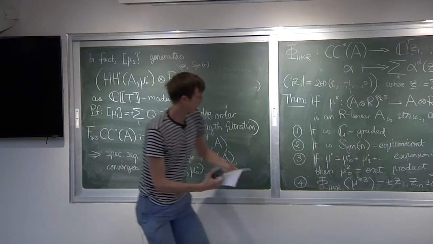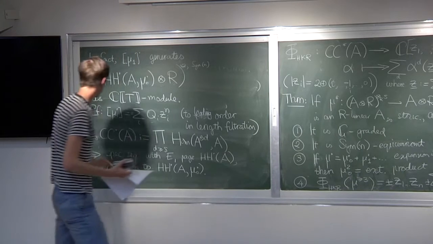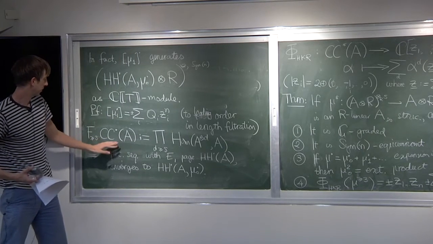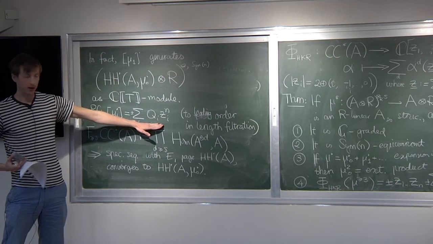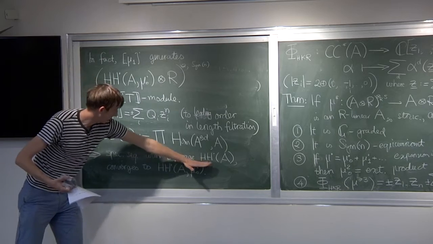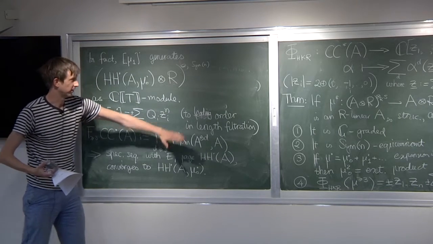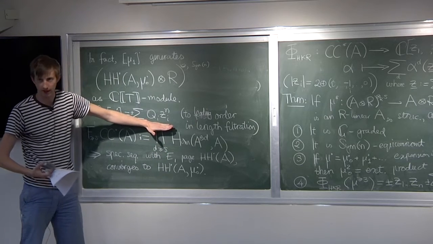And what this tells us is that this mu1, this first order term of our A infinity structure, when you look on the E1 page of the spectral sequence, which is given by Hochschild-Kostant-Rosenberg, it's given by this guy here.